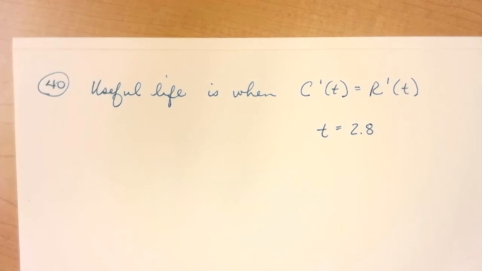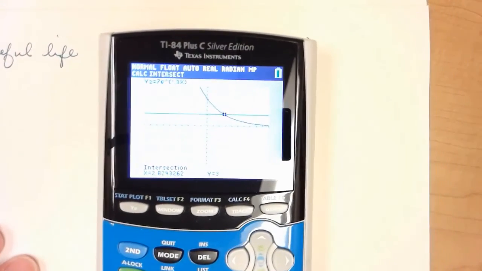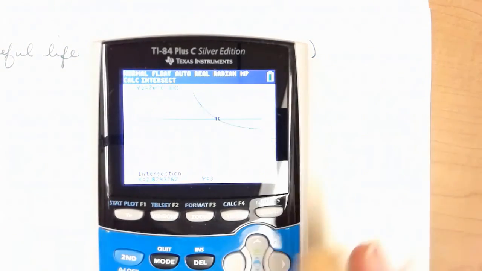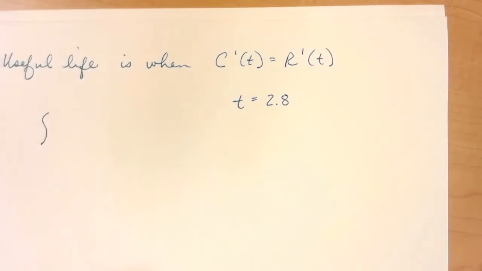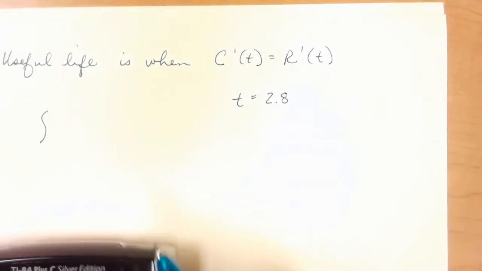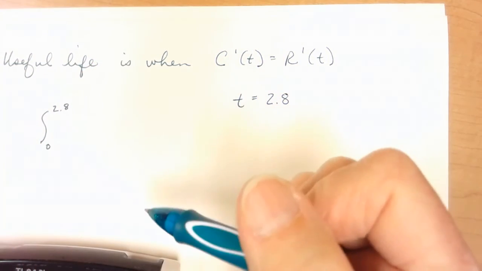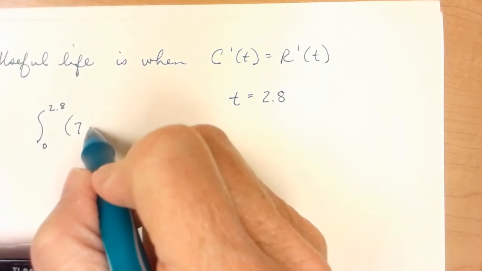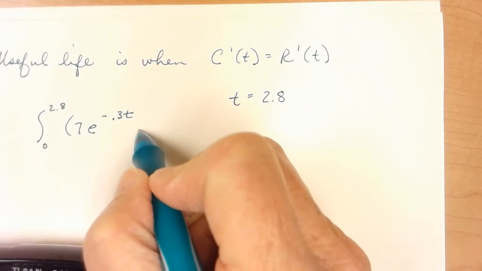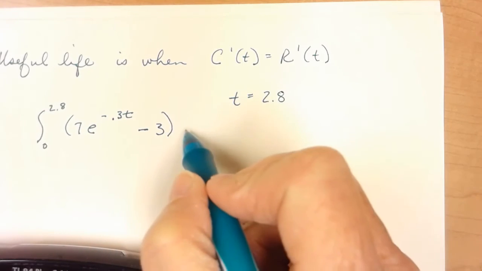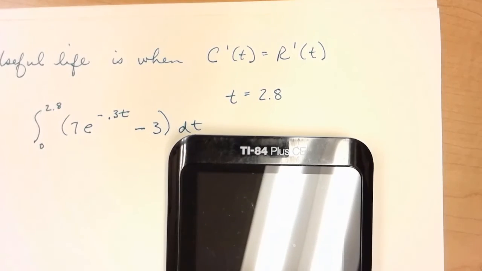So now I got to find the area between the two curves. Since revenue is over cost here, revenue's over cost. I'm going from 0 to 2.8. Get your revenue function. So that would be your 7e to the negative 0.3t minus your cost. It's top curve minus bottom curve. Let me get my other calculator, see if it might be any better.